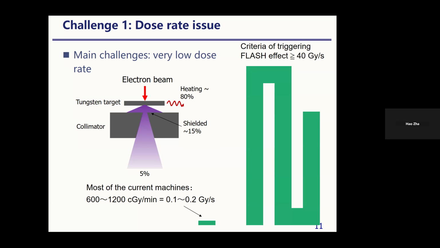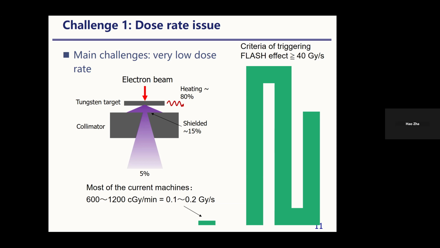But if we want to trigger the FLASH effect, we need over 40 gray per second. So we are facing a gap of 200 or 400 times in the dose rate. That means we have 3 orders of magnitude. That's the first main challenge we need to overcome.